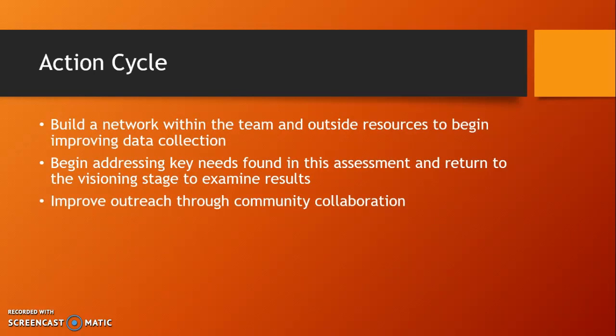So putting it all into action, we're going to build a network within the team and the outside resources to improve this data collection. We're going to get all this data together and really address some of the needs within the community that we can't otherwise address. We can know what our need is, but without that data stratification, where we know what age group you're in, what gender you are, what race or ethnicity you are, and what your health issues are, we don't know how to adequately address those needs.